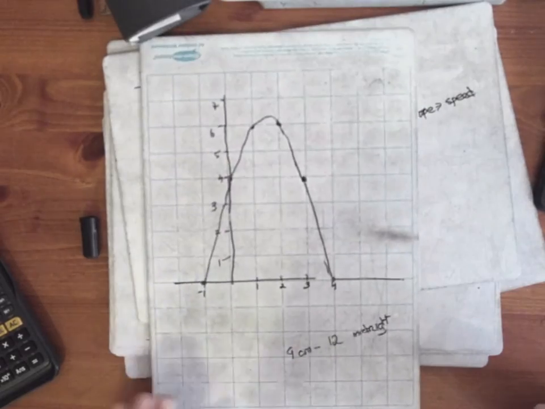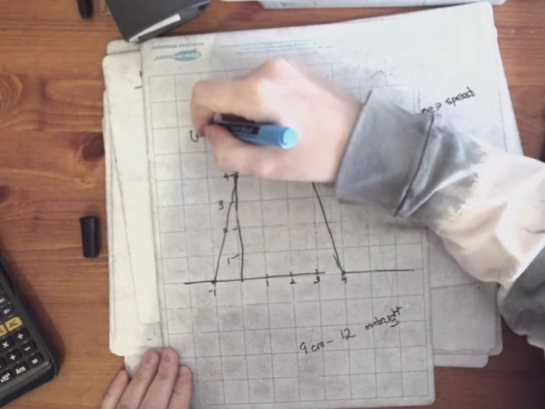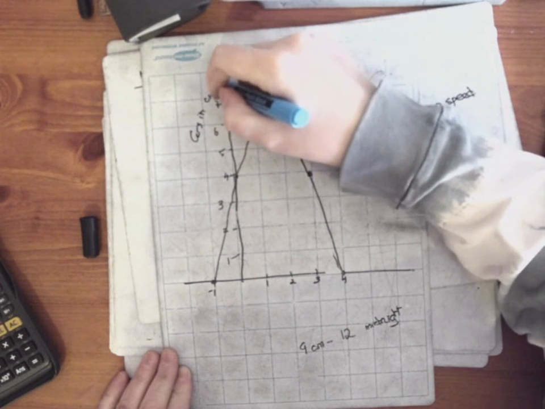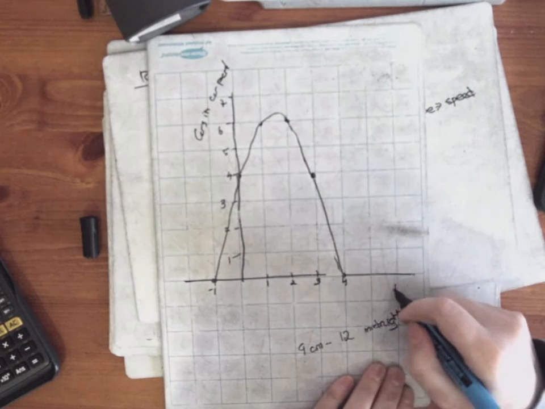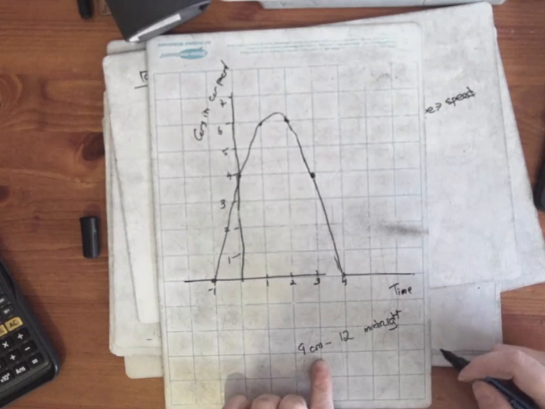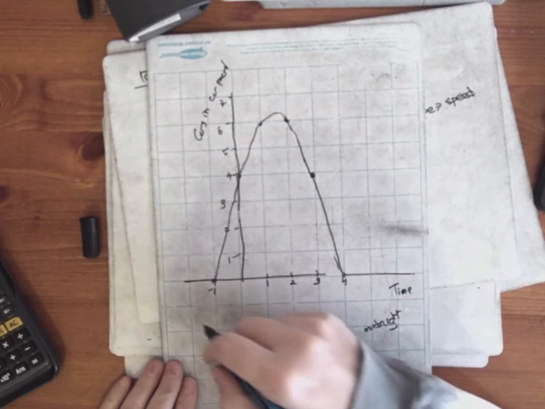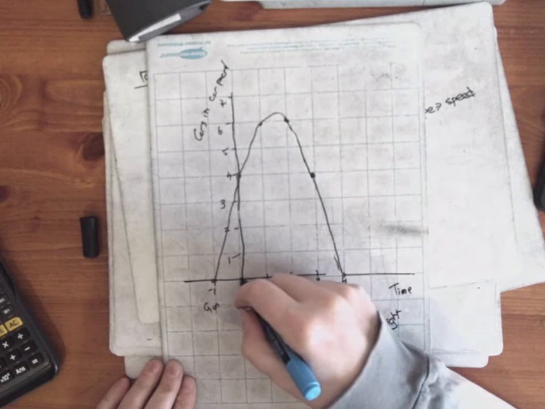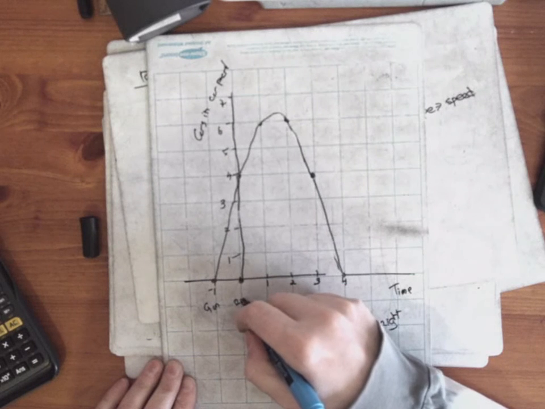If I have something like this, it's cars in a car park. This shows how many cars are in the car park, and the time is across the bottom. They tell me in the question that it represents from 9 a.m. to 12 midnight, and every unit is 3 hours. So this is 9 a.m., 9 o'clock in the morning. 3 hours later, the next unit is 12 p.m., midday.